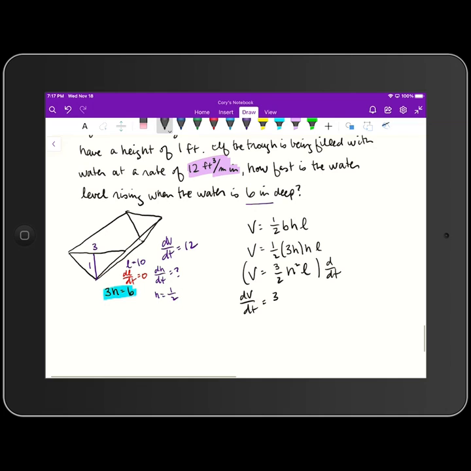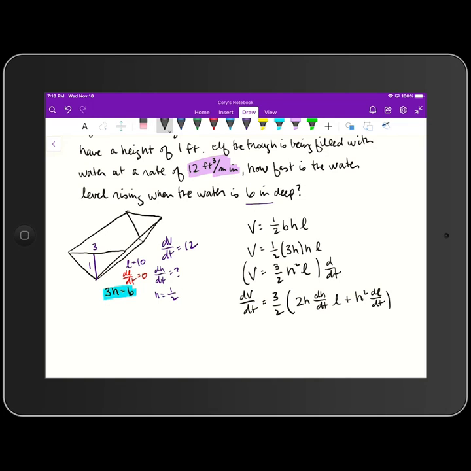We can pull 3/2 out front and then use the product rule to take the derivative of h squared times l. So that's going to be the derivative of the first, 2h dh/dt, times the second, l, plus the first, h squared, times the derivative of the second, dl/dt.